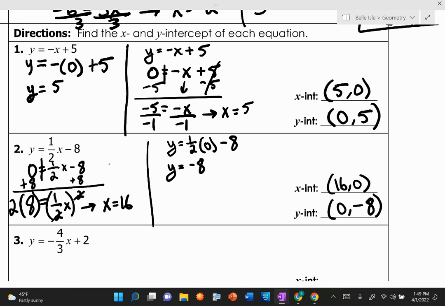Okay. So I have this 1/2. To get rid of this one on the bottom, I need to get rid of that 1/2. So I multiply by 2, but I have to do both sides.